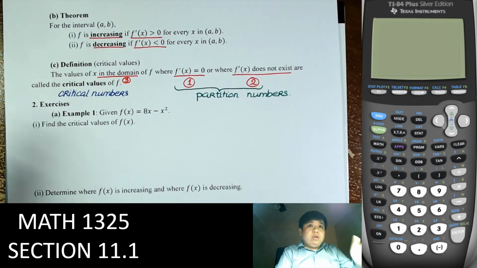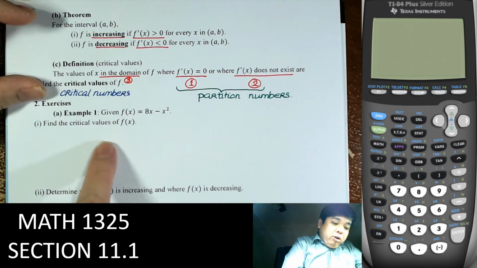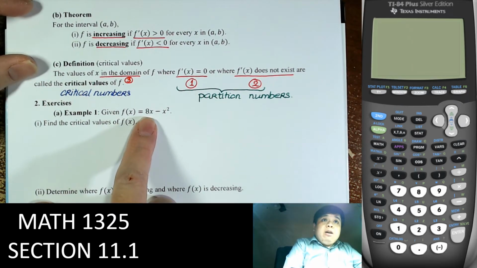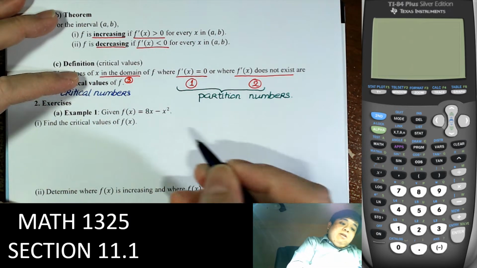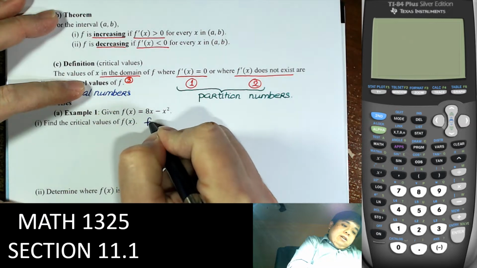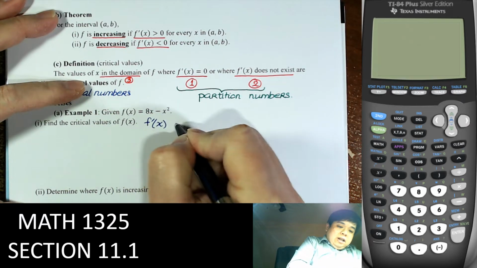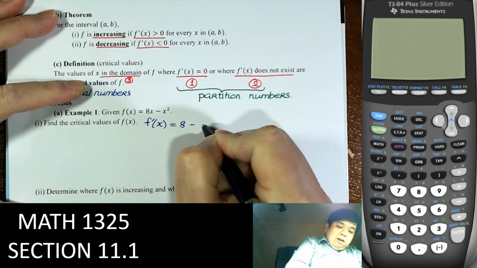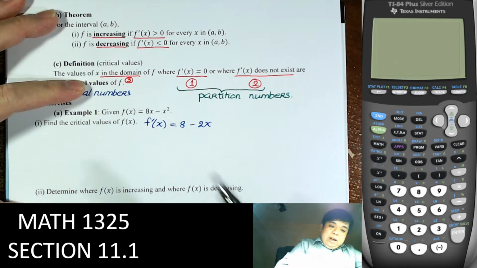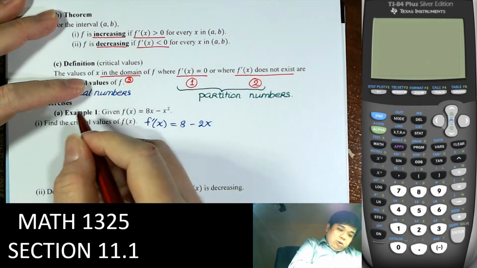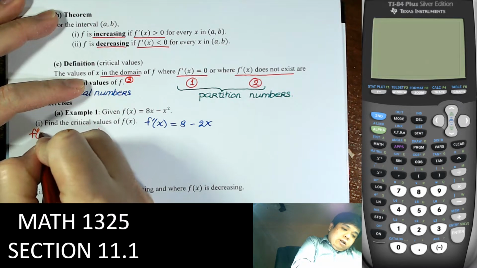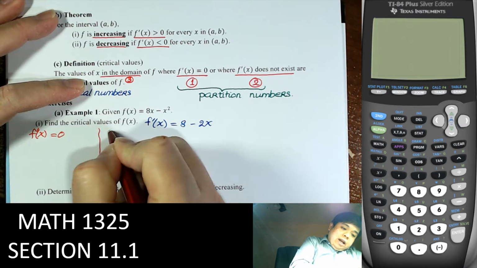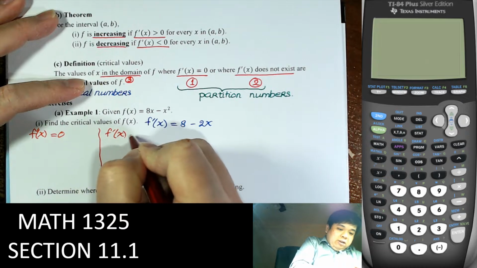Right, I'll just go straight to it. Find the critical values for the function. Well, easy, based on the definition. First we'll take the derivative. That gives us 8 minus 2x, and we will consider these two cases. The first is where the derivative equals 0, and the second case is where the derivative does not exist.